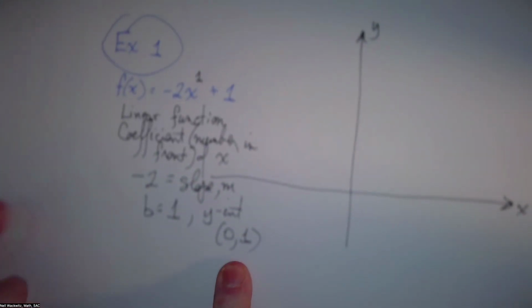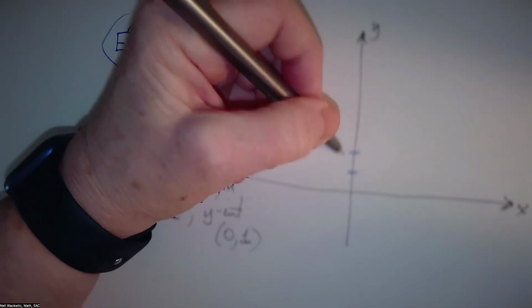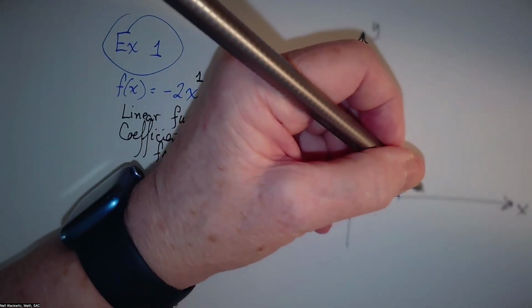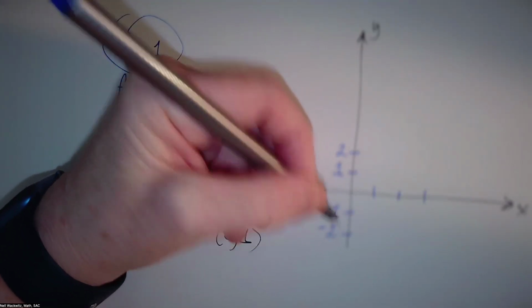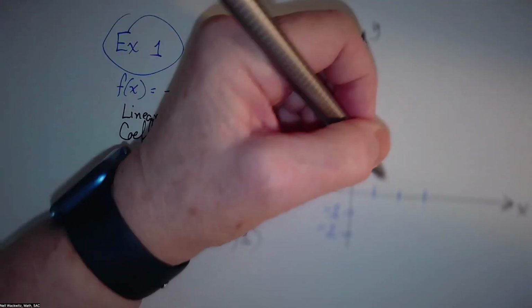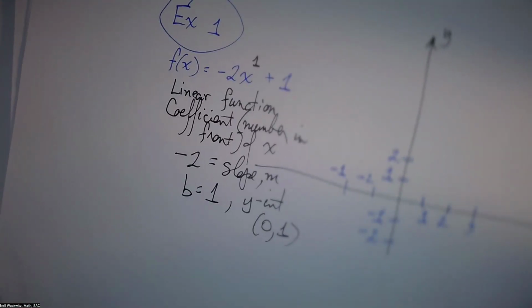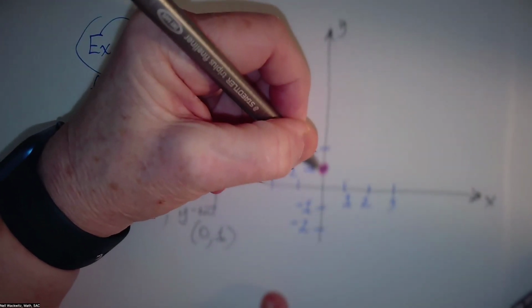So let's plot 0 comma 1, and a slope of negative 2.